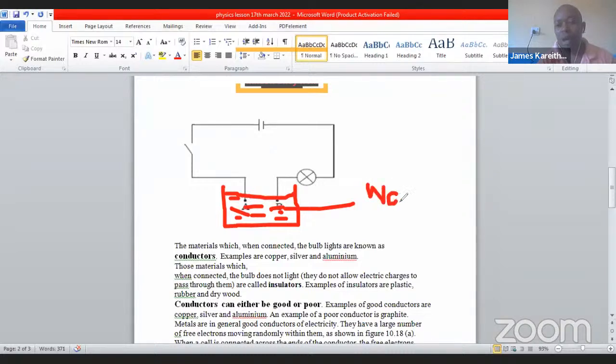If I put some water inside this container, and then I happen to close this switch here, the question I was asking is this: will the bulb light?